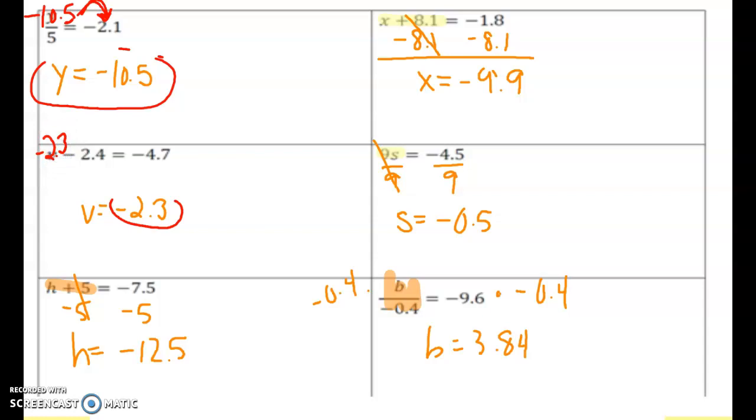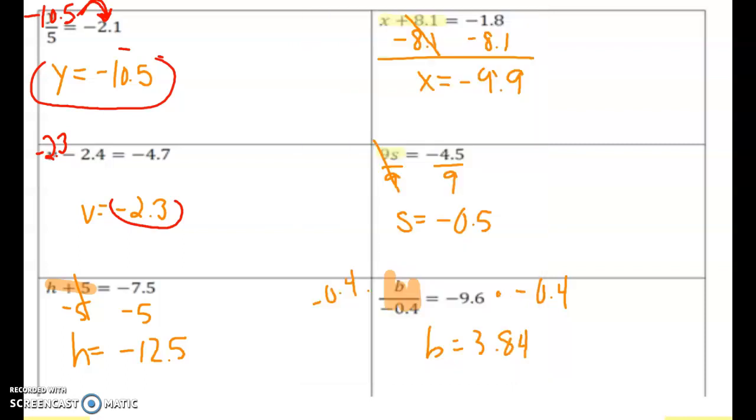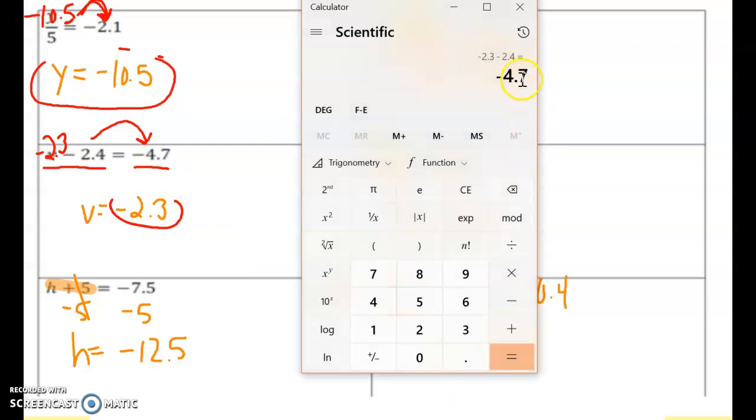So negative 2.3 minus 2.4. And again, I'm looking at my answer on my calculator and comparing it. When I put this computation in, I should be getting the outcome that's listed in my equation in order to know that I am correct. And I am. Negative 4.7 is the same as my answer in the equation.